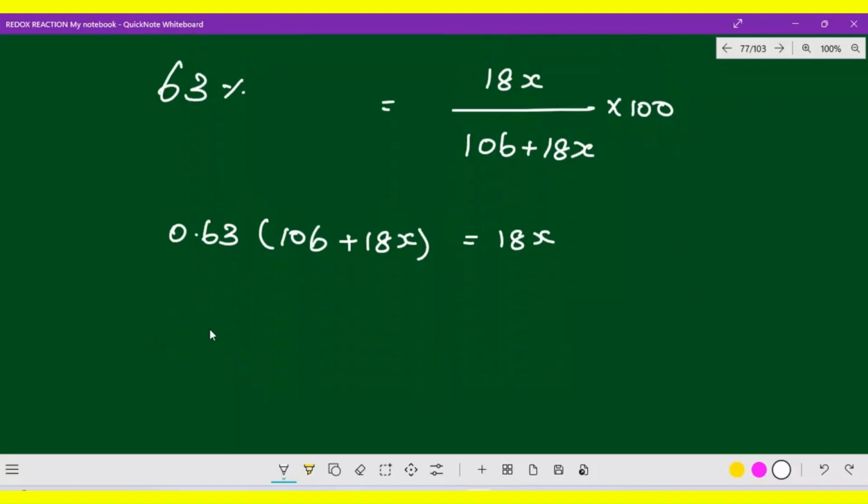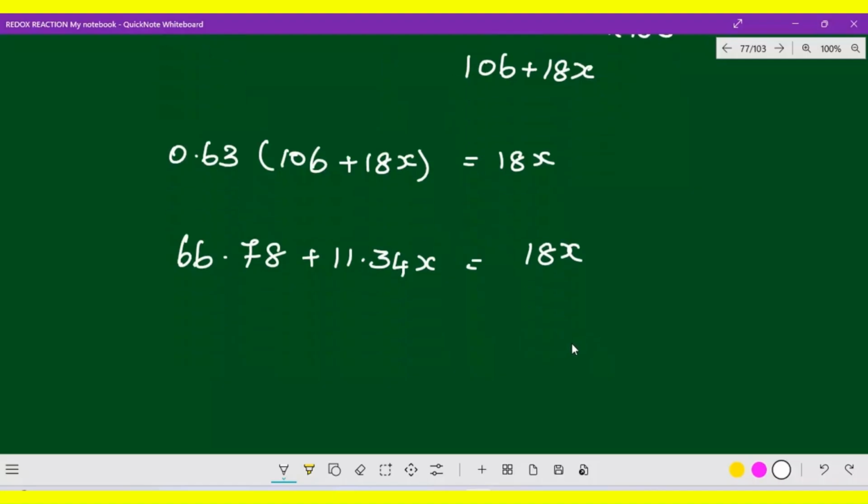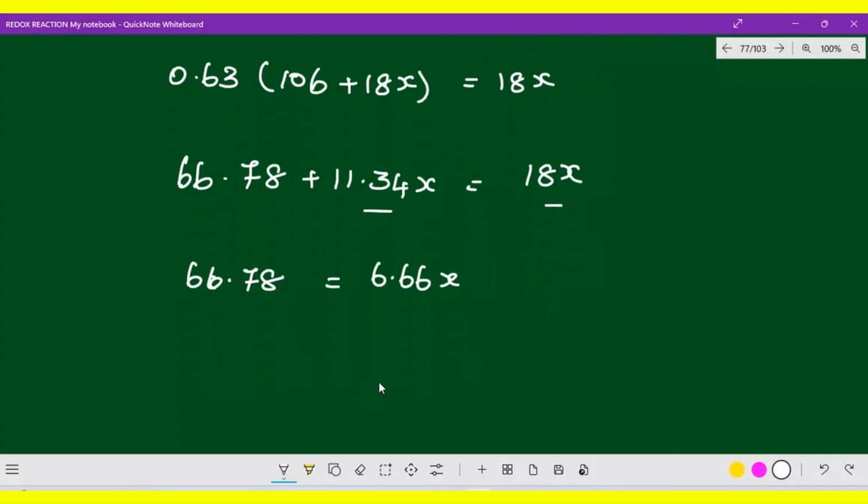So when you calculate these, you will get around 66.78 plus 11.34x equals 18x. Got it? Now 18x, when we bring that to one side, x and x, we can bring it, 66.78 equals 6.66x. These are all simple sums, easily you can go for it.